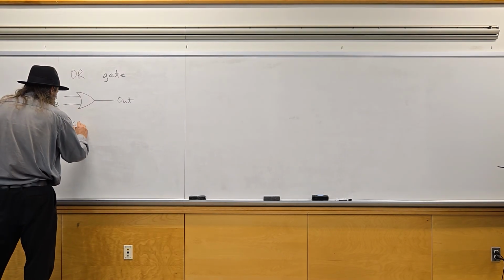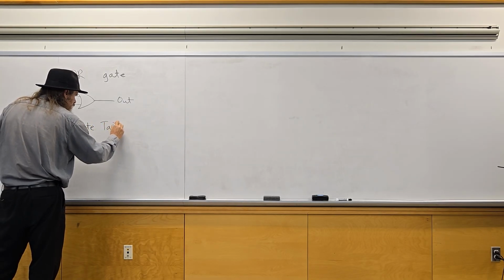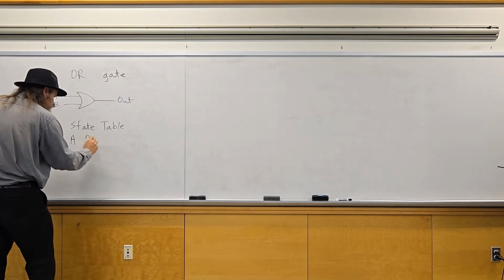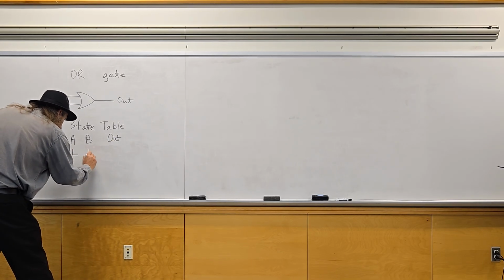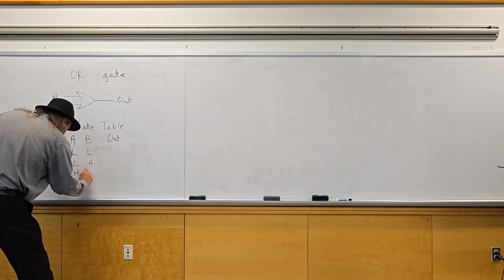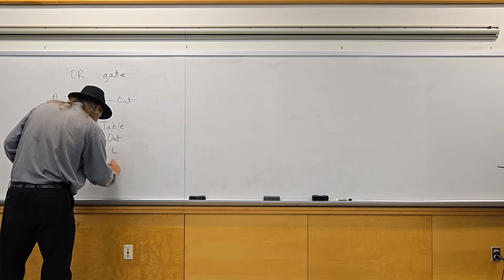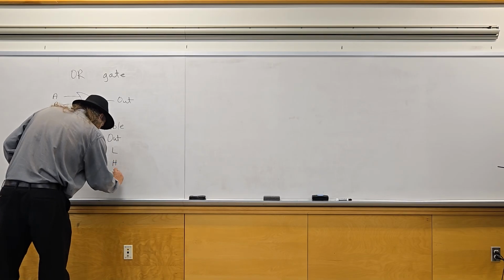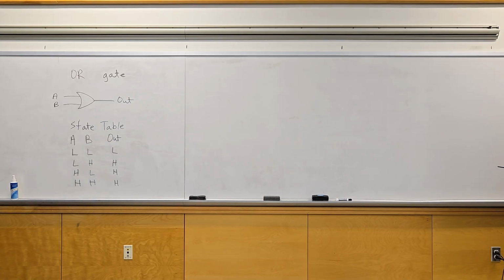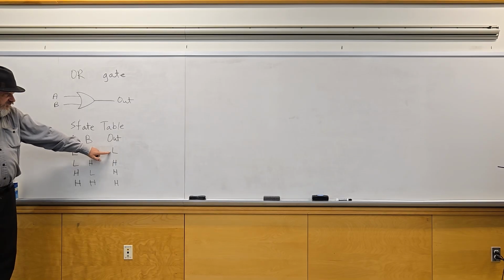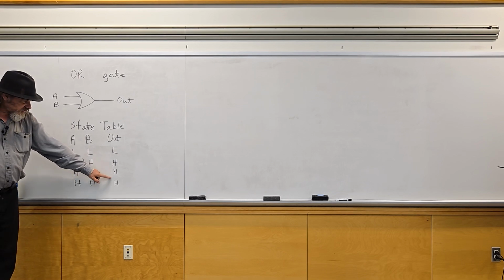But the state table has both inputs being low leads to a low output, and any of the inputs being high leads to a high output.